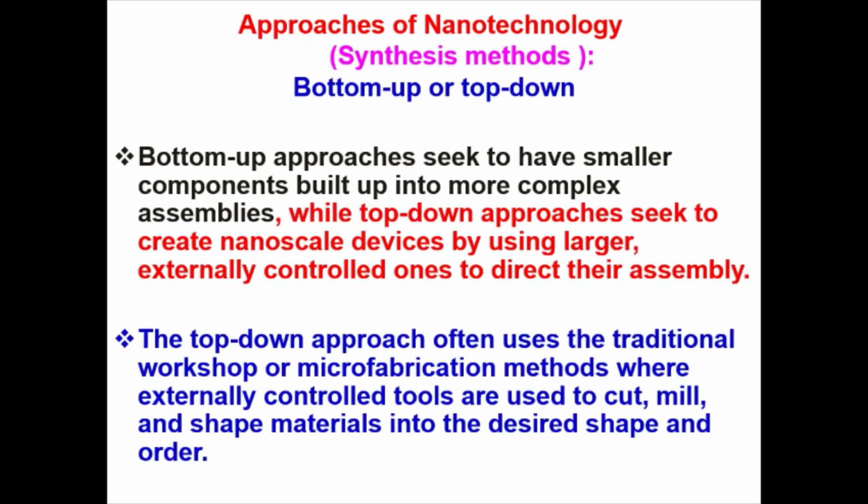This top-down approach often uses fabrication, mainly nanofabrication methods, which I tried to discuss on Friday as a first lecture. And it also uses controllable tools, mainly milling, to shape and size the bulk ones.